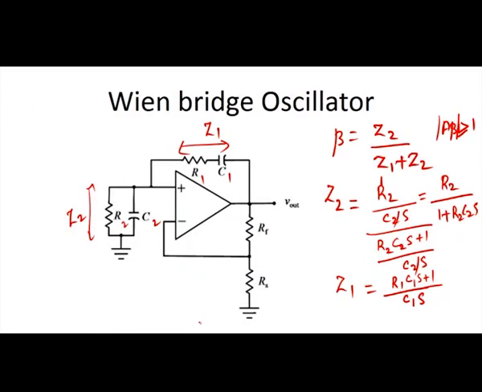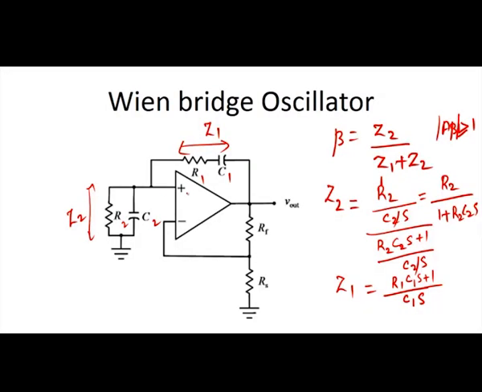And see the circuit of the Wien-Bridge oscillator. The signal is given to the positive terminal, and so it is a non-inverting amplifier. If it is a non-inverting amplifier, what is the gain? The gain is actually 1 plus RF by RS here.